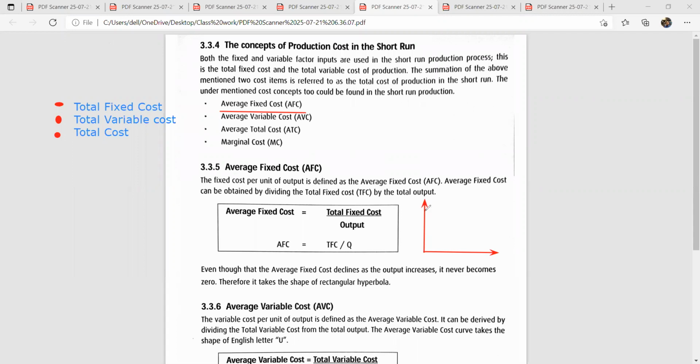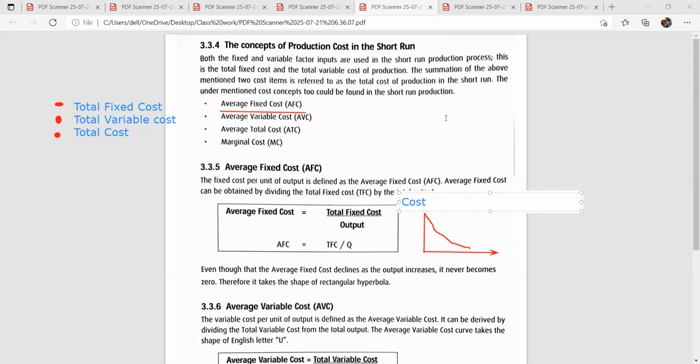Average fixed cost started somewhere here, thereafter it decreased as the number of units produced increased, but it does not touch the quantity axis. As the number of units increases, necessarily the average value should fall. So even though average fixed cost declines as output increases, it never becomes zero. Therefore, it takes the shape of a rectangular hyperbola.